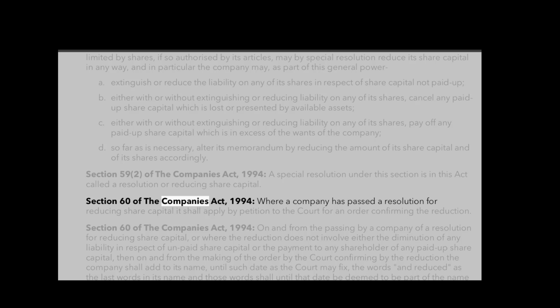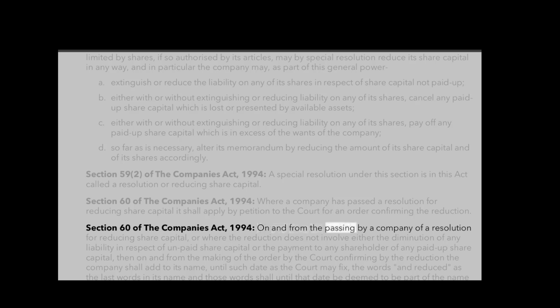Section 60 of the Companies Act, 1994. Where a company has passed a resolution for reducing share capital, it shall apply by petition to the court for an order confirming the reduction. Section 60 of the Companies Act, 1994.